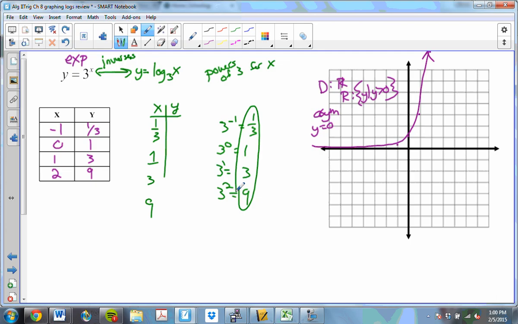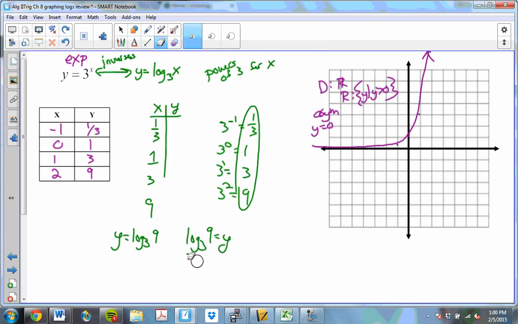But now if I think about doing log base 3 of 9, which I could actually write like this if this helps you at all, I can calculate this value. This is just some number. So I'm doing 3 to the something equals 9. In this case, we call that something y. 3 to the y equals 9.